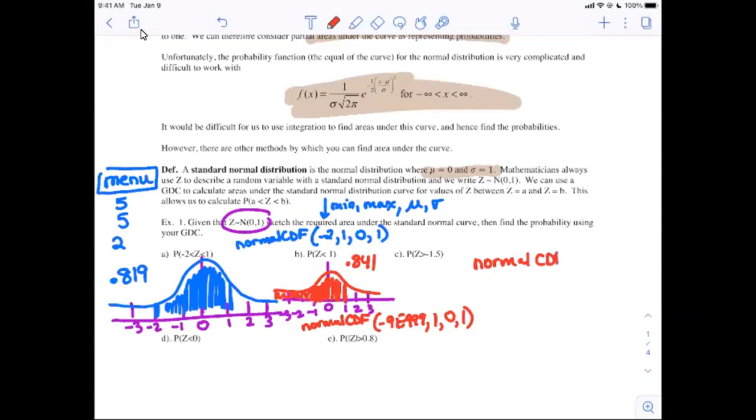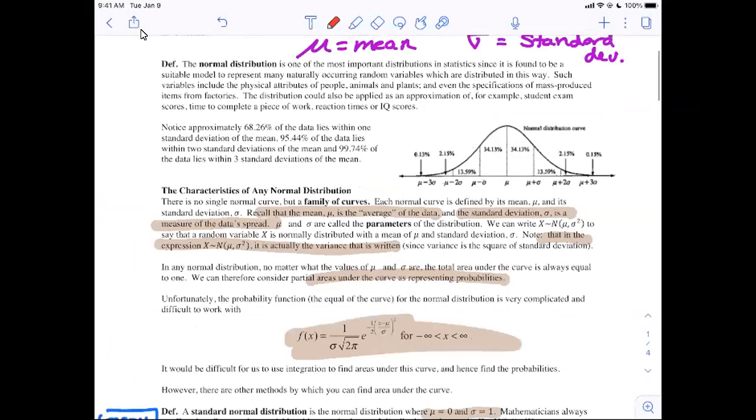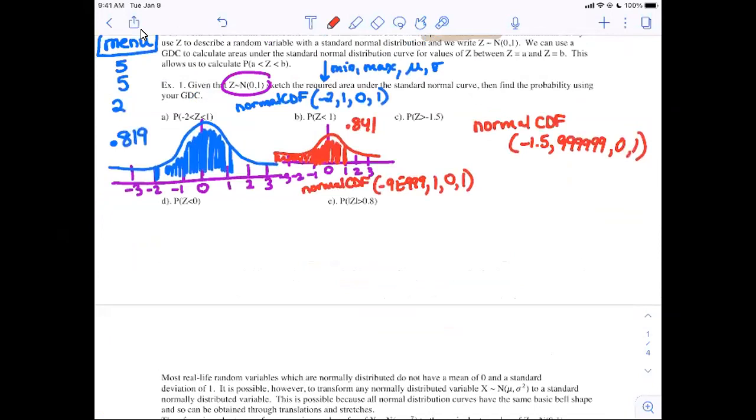Okay? All right, so then in this one, you're going to do normal CDF. I have -1.5, but then greater than. Well, what you're going to do is just type in a bunch of 9s. It doesn't matter how many. Because do you understand that what we talked about above is that once you get past 3 standard deviations, that is such a teeny tiny percent that it doesn't matter.